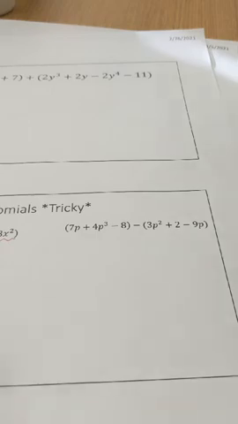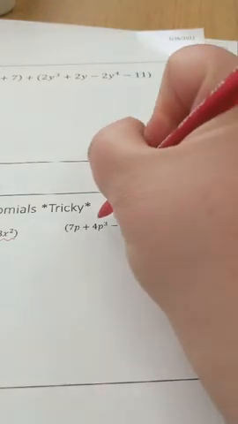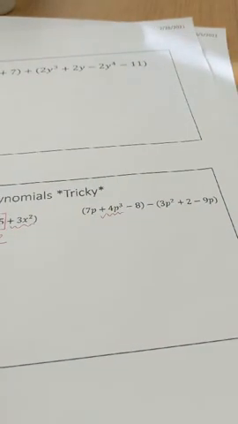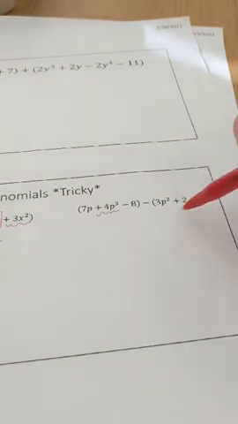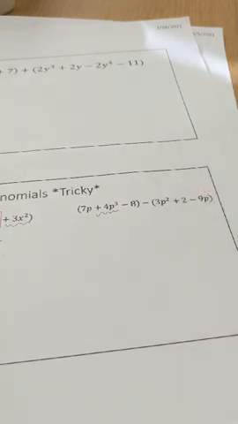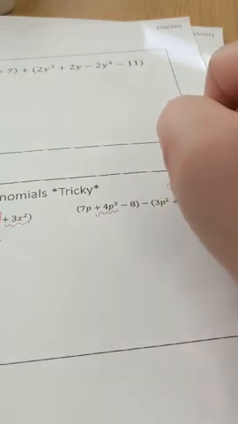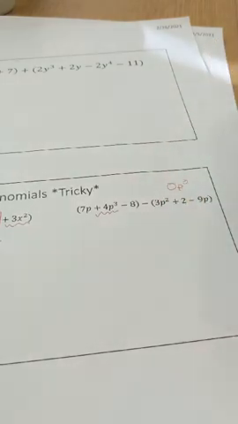Okay, so our highest degree is going to be a positive 4p to the third. Well, there's no p to the third here. So you can either just ignore it, or you can think to yourself, okay, I can have a 0p to the third. So if I have 4 minus 0, it's still going to be 4p to the third.